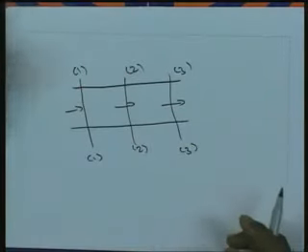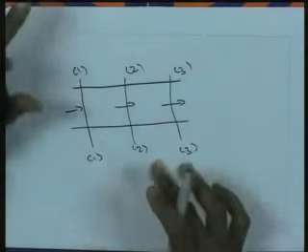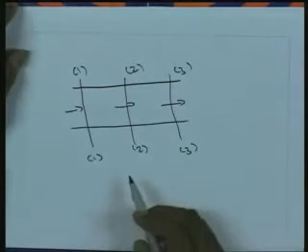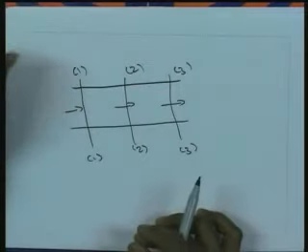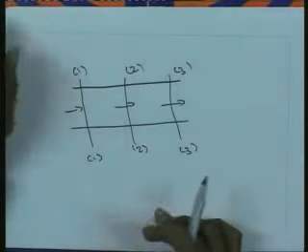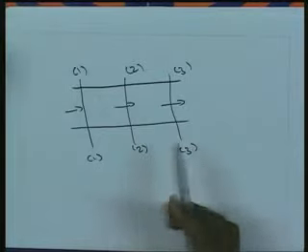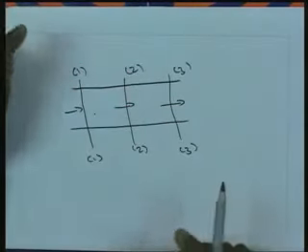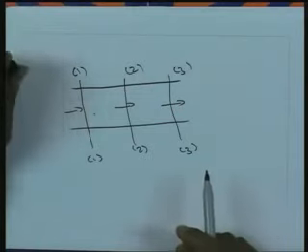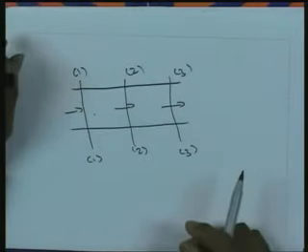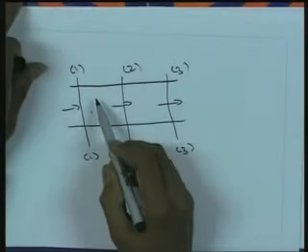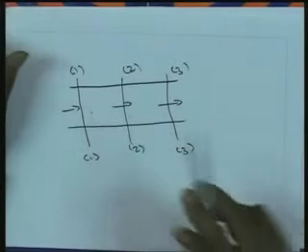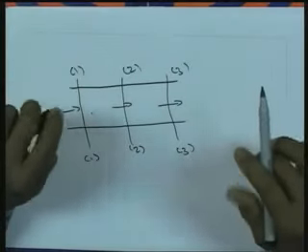Uniform flow means the velocity and other fluid flow parameters like depth remain the same in magnitude and direction at every point of the flow. So that means there is no spatial variation; the parameters remain the same in magnitude and direction. That is uniform flow.